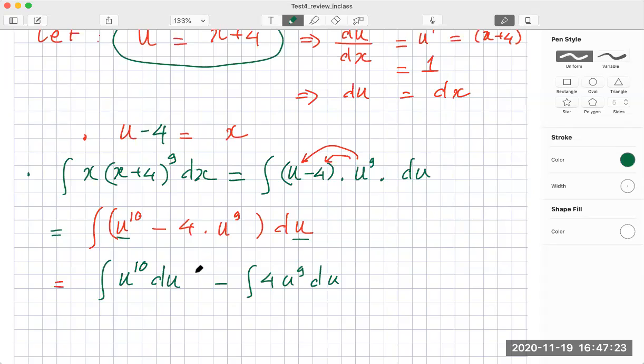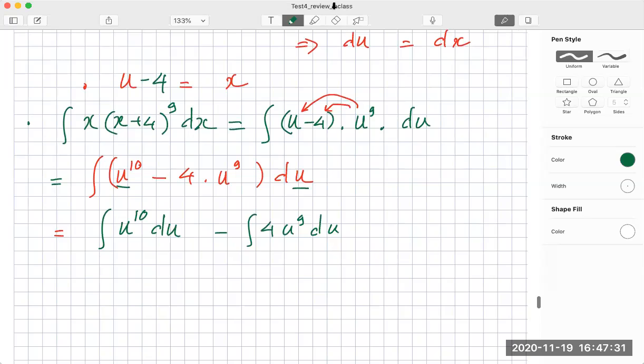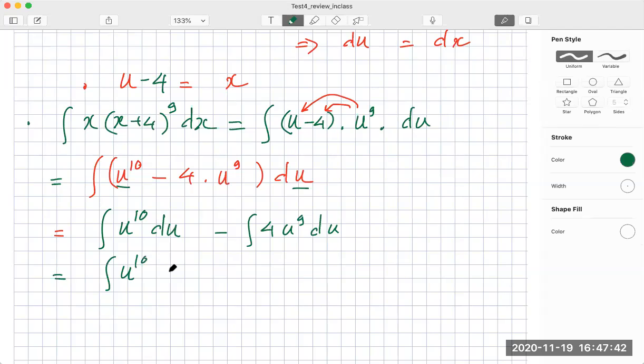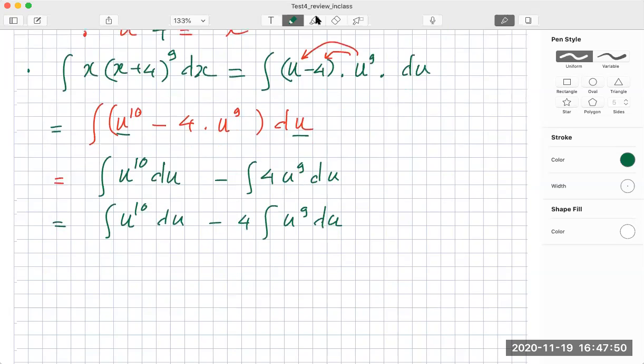So the integral of a difference will be the difference of integrals. Those are the properties. And now the number 4 here, we can take it out of the integral sign, right? This is simply a variable u to the 9 du.